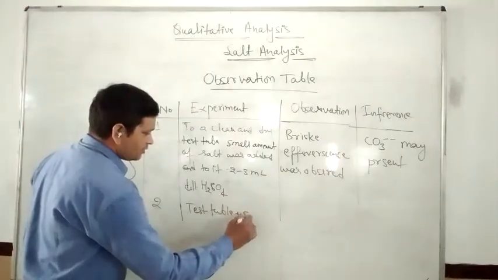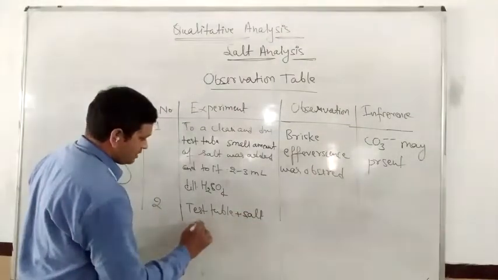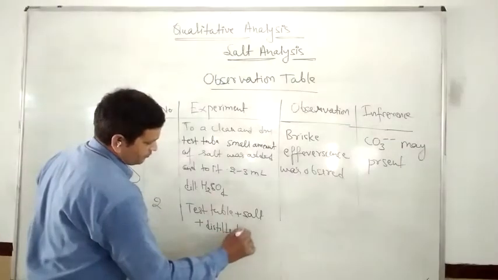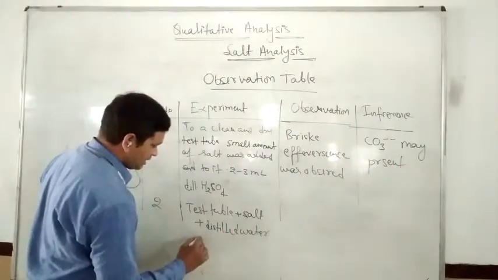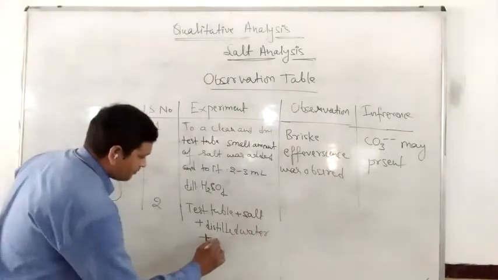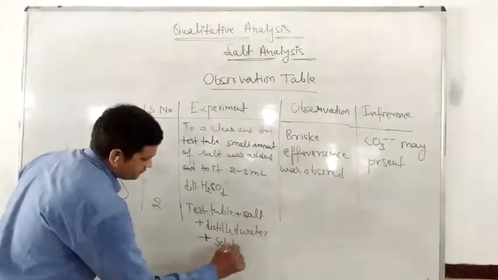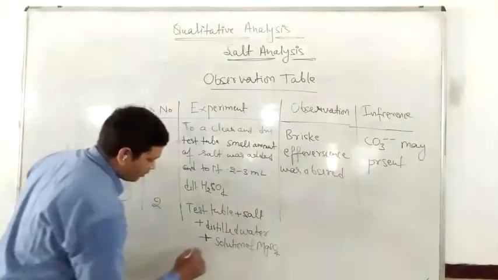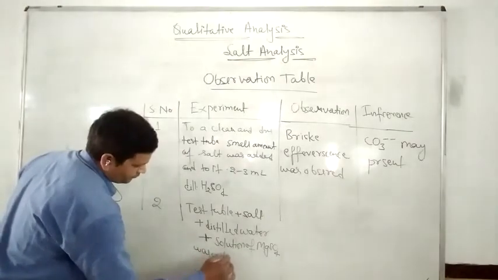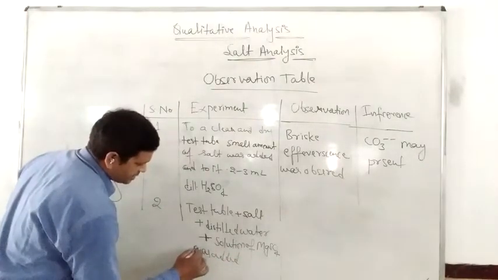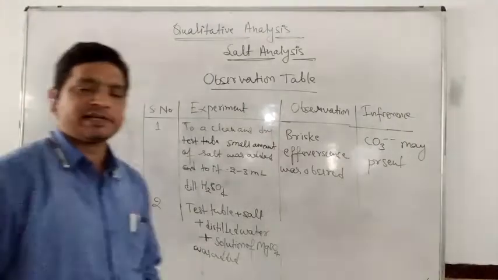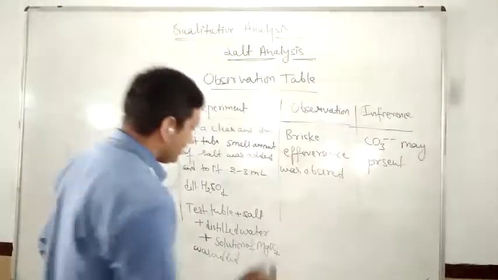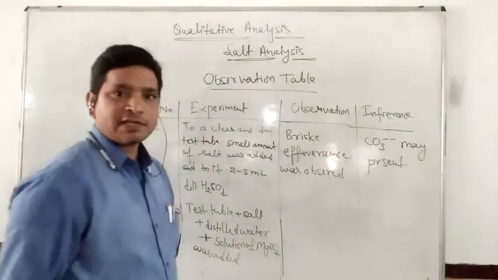Test tube, salt was added, distilled water was added, and magnesium sulfate solution was added. In your experiment and observation, you have to write each and every step, and every sentence should be in past tense and passive voice.